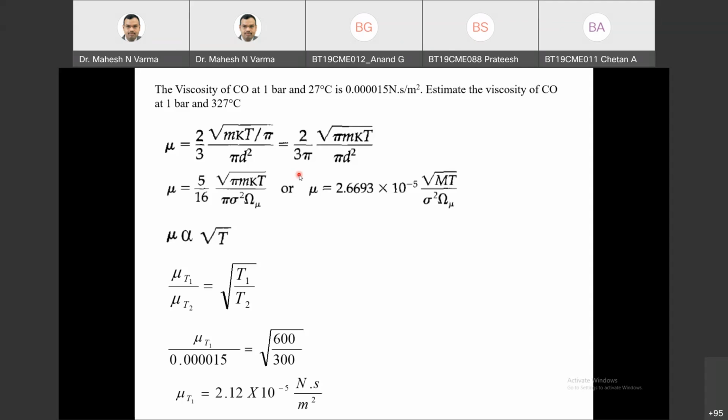Anything else from GATE? Does anybody remember anything related to the basic fundamentals of transport phenomena we have discussed till now? Yes, sir.